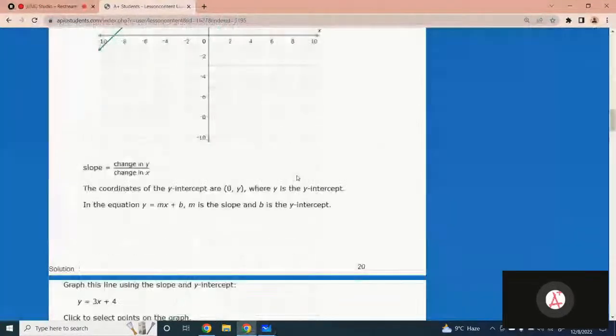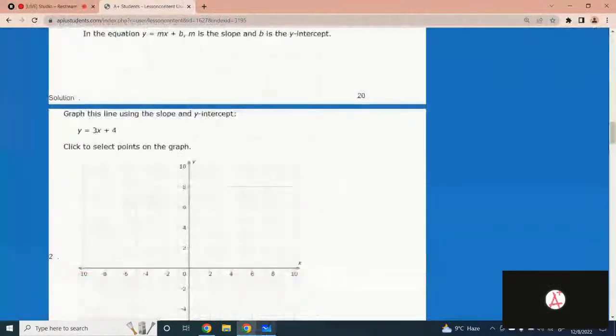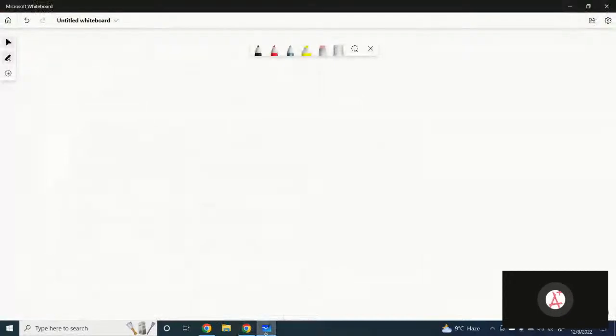Okay, the next equation is y equals 3x plus 4. So you have the slope m equals 3 and the y-intercept, that would be 4. You have to find the x-intercept only.